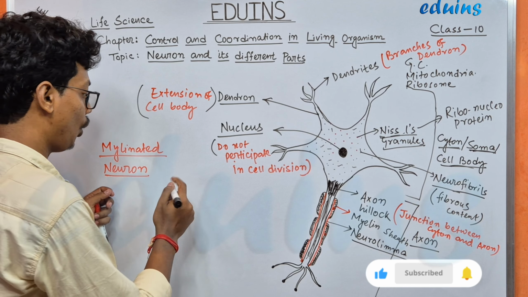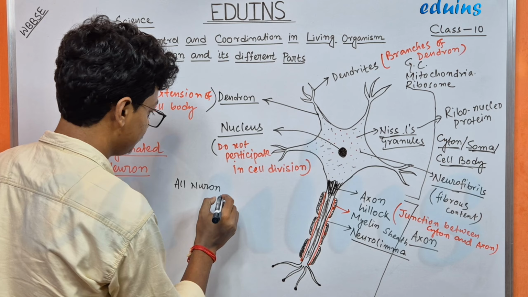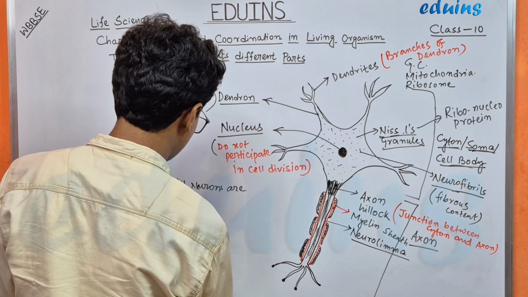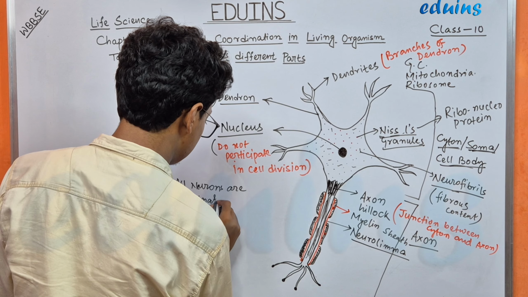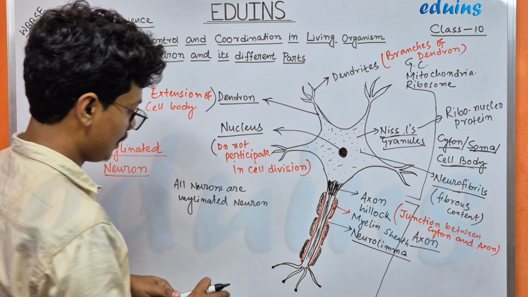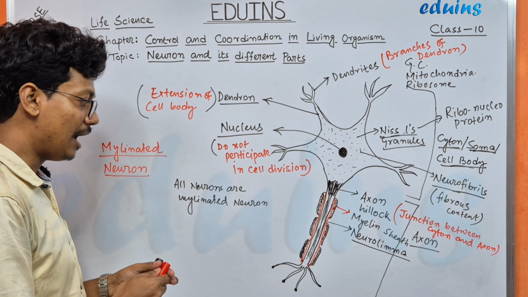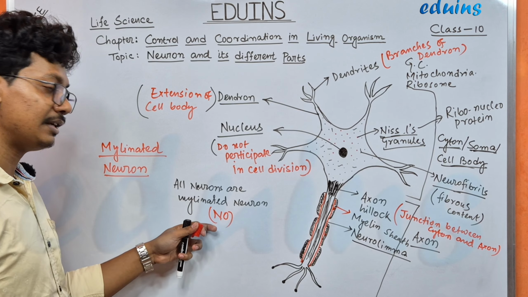If I ask you whether all neurons are myelinated neurons, the answer will be no. This can be made a true or false question: all neurons are myelinated neurons.